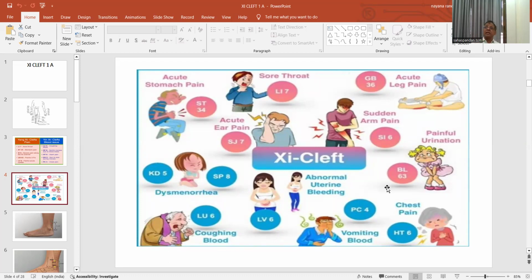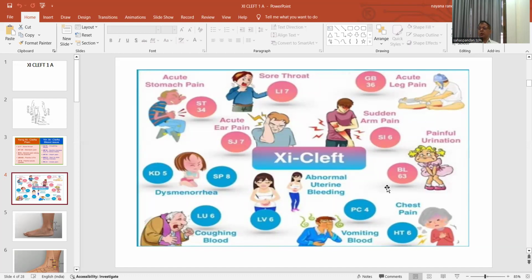Heart 6 for the severe acute heart pain and acute bleeding. Heart 6 for the acute bleeding. Small intestine 6.